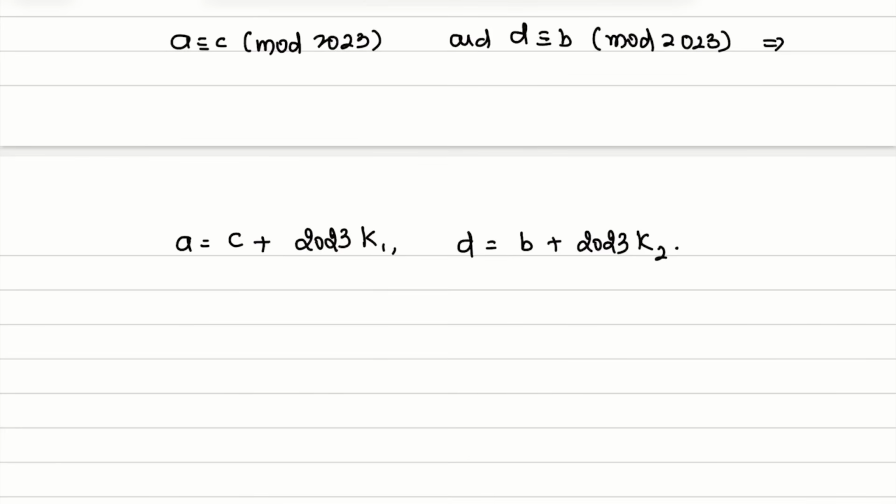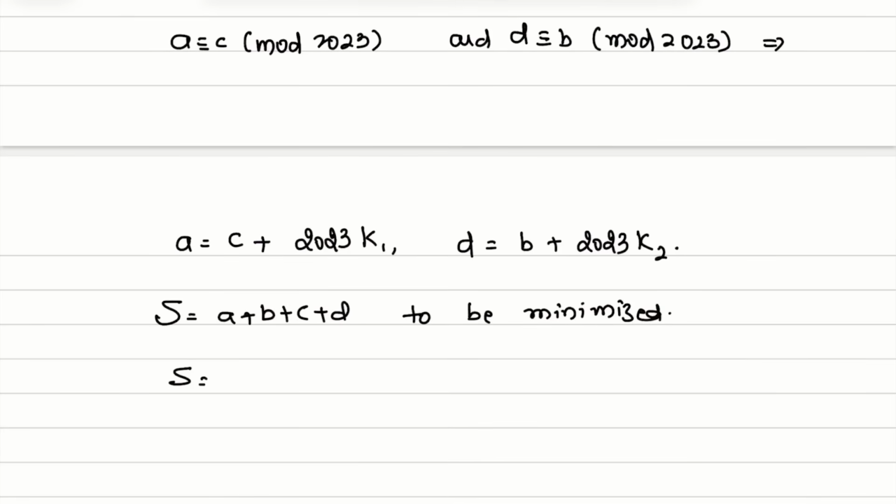Hence, we want the sum a plus b plus c plus d to be minimized. We have to minimize the value of this sum. What is the sum value?